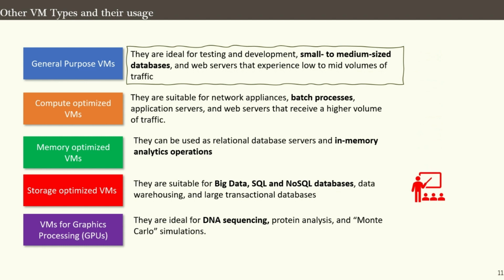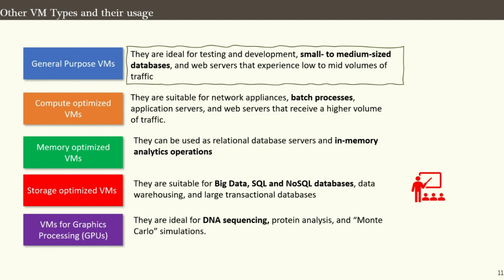The fourth one is storage optimized virtual machines, which offer high disk throughput and I/O, and are ideal for big data analysis, SQL, NoSQL databases, and can be used for data warehousing and large transactional databases.